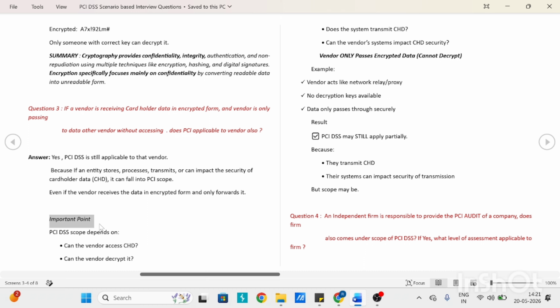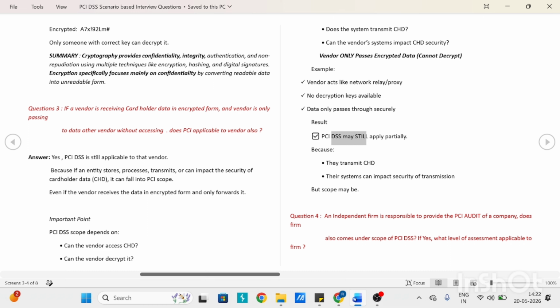The important point here is that PCI DSS scope depends on whether the vendor can access CHD, whether it can decrypt it, whether the system transmits CHD, and whether the vendor system can impact CHD. Since in this example the vendor only passes encrypted data and cannot decrypt, the vendor acts like a network relay, where no decryption key is available and data only passes through securely.